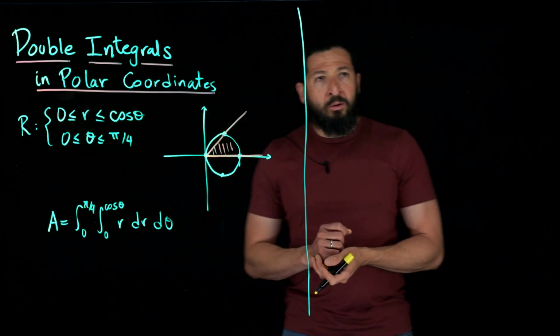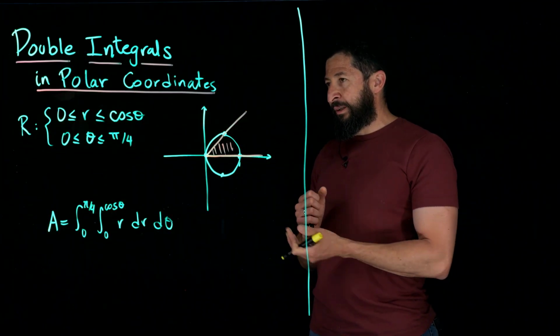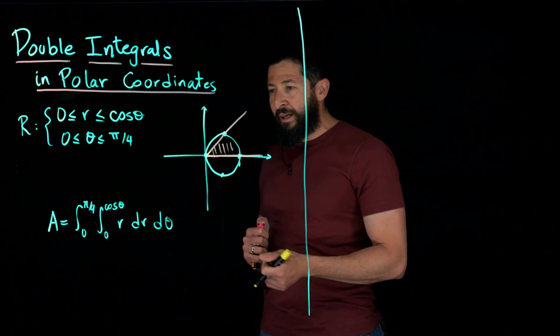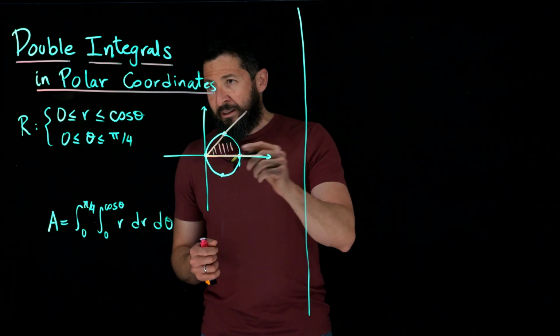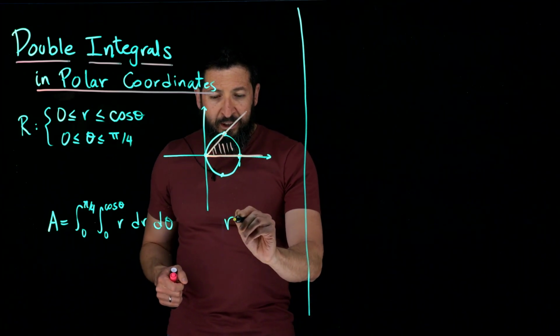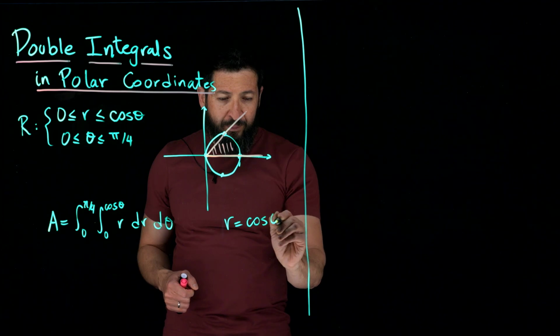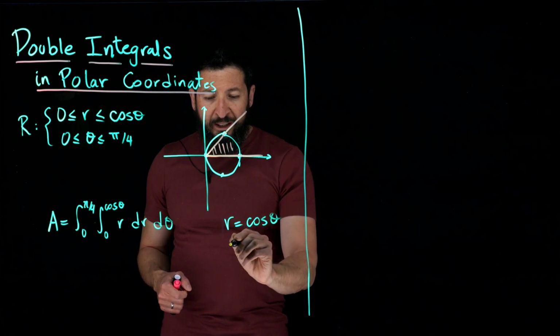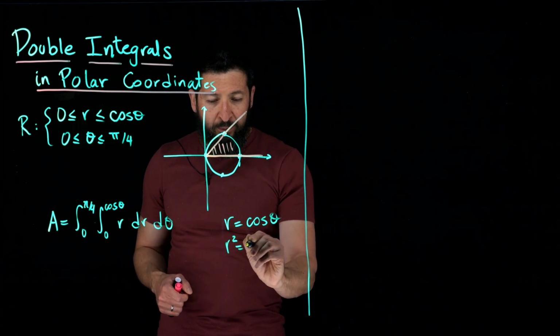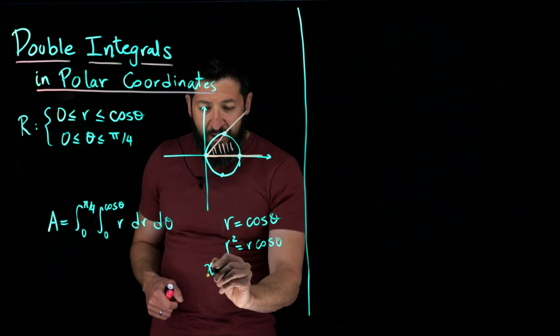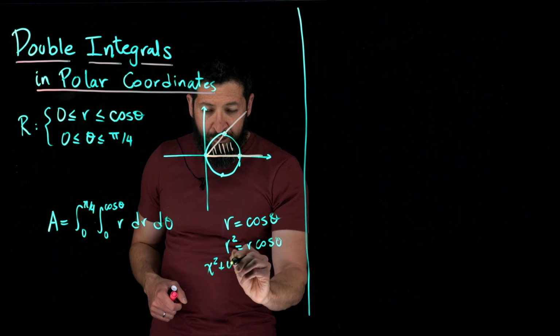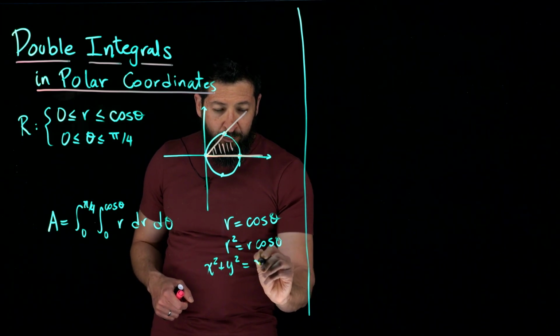Now our goal will be to write this in terms of rectangular coordinates. So how can we do that? We have to write the equation of that circle firstly. You can write r equals cosine theta, and you multiply both sides times r, you get r squared is equal to r cosine theta. And then you get that r squared, which is x squared plus y squared, is equal to x.